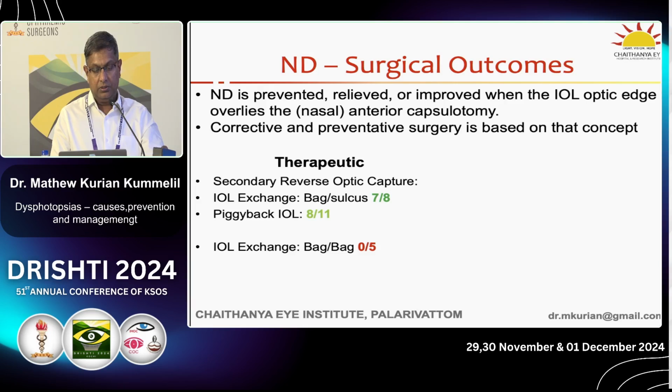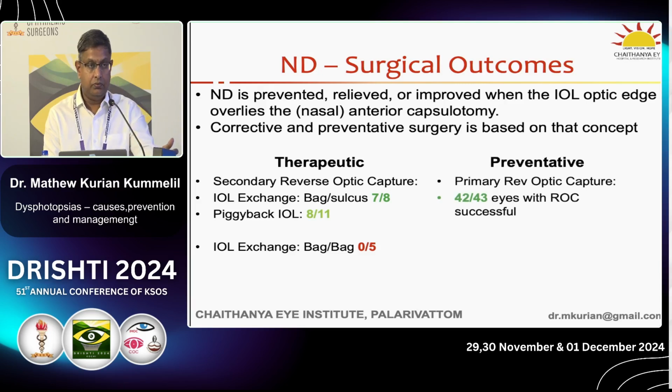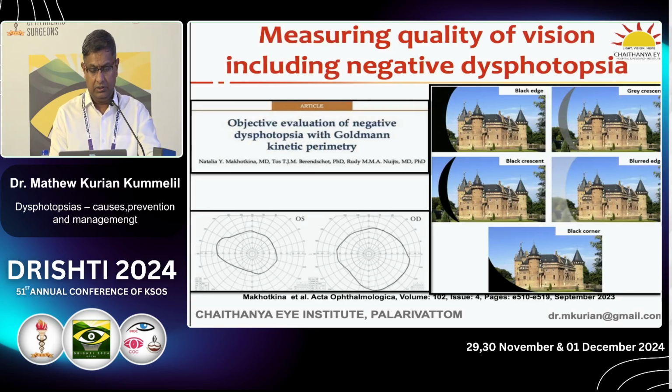Outcomes with IOL exchange, when it is removed from the bag and placed into the sulcus, are pretty good. Piggyback IOLs also solve the problem, but if you replace a lens with another lens in the bag, you are not going to solve negative dysphotopsia. If you have negative dysphotopsia complaints in one eye, you can do a primary reverse optic capture in the second eye, and this is inevitably successful.